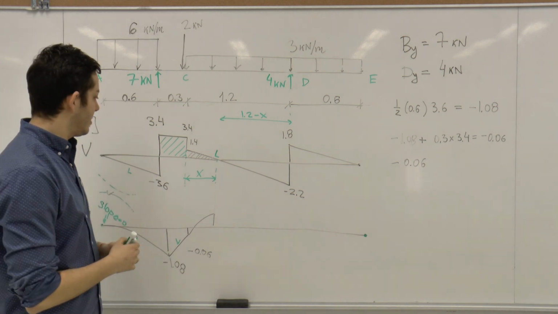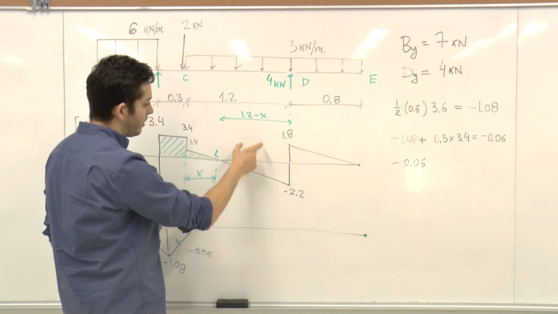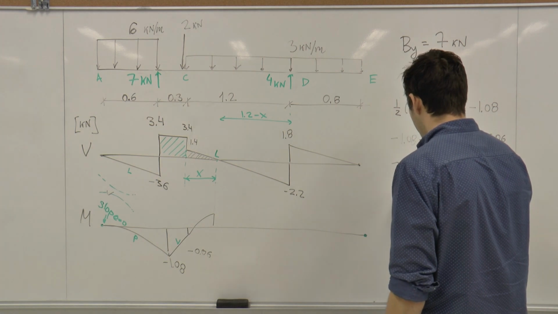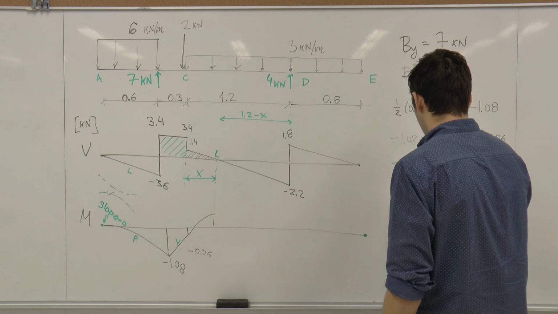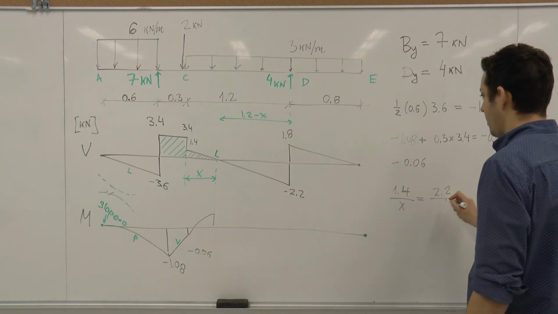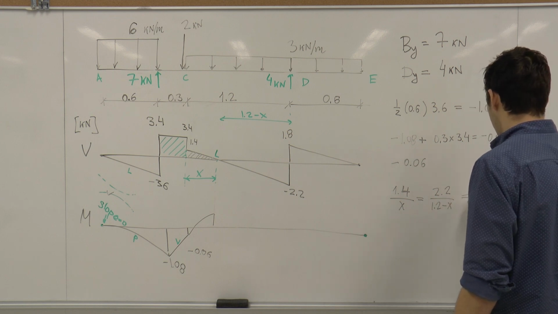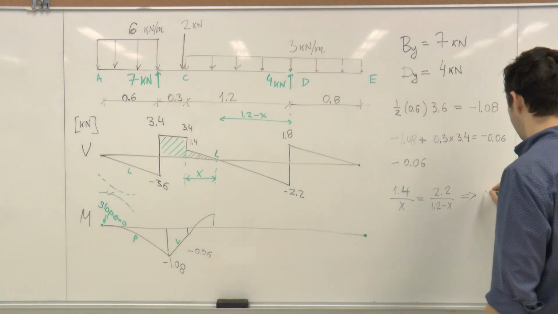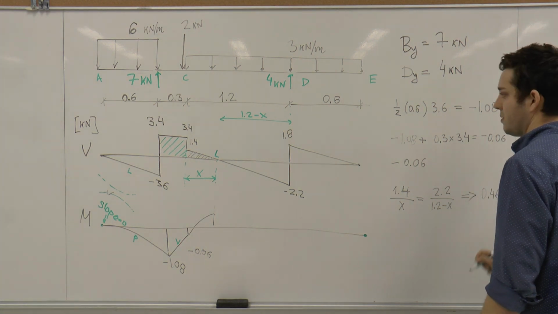So similar triangles, 1.4 over x equals to 2.2 over this length. So 1.4 over x is equal to 2.2 over 1.2 minus x. From here we can find that x is equal to 0.467 meters.